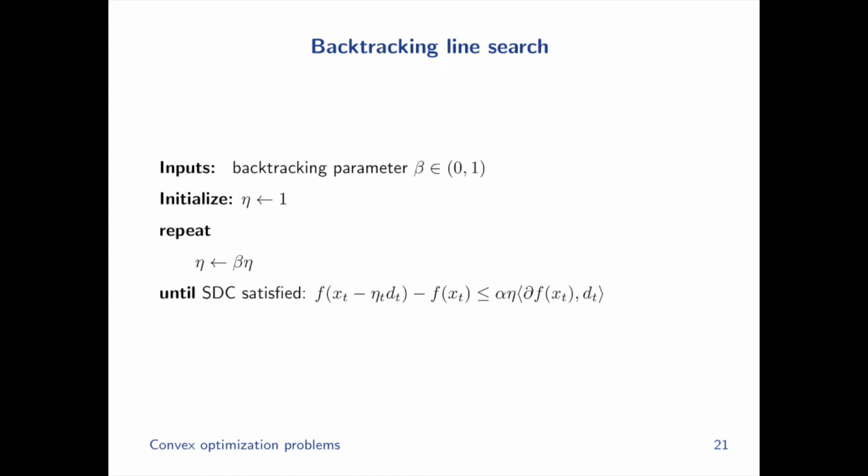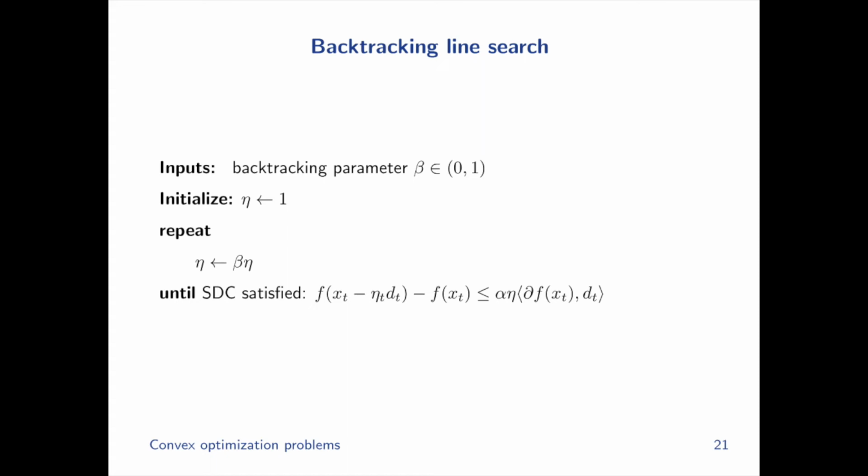Well, this backtracking line search is motivated by this. As long as you pick step lengths that are smaller than some threshold, that's why you constantly walk back the candidate step size. The idea is that eventually you're going to get it below this threshold, and then everything is going to work.